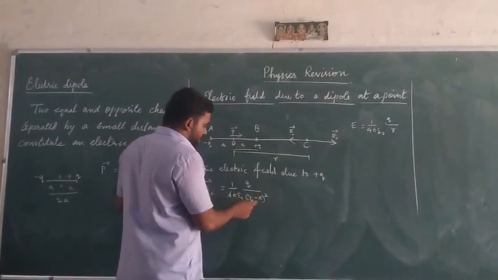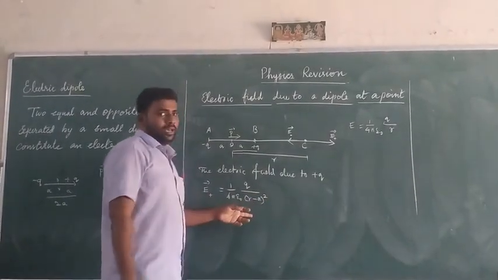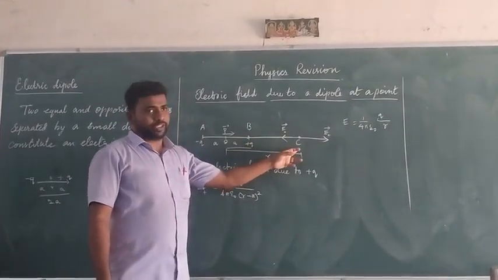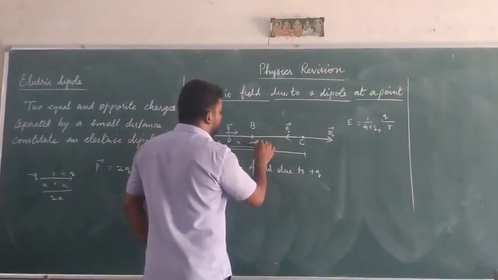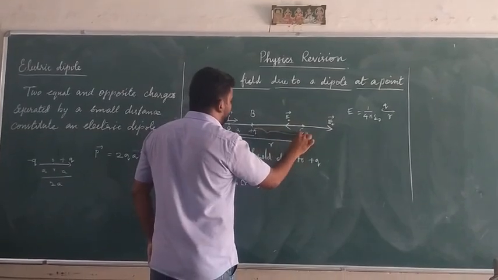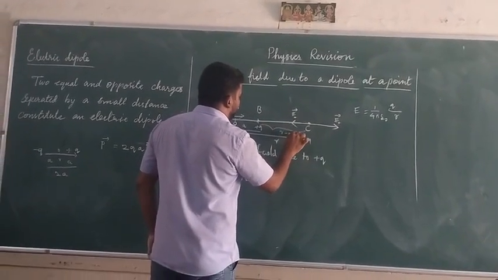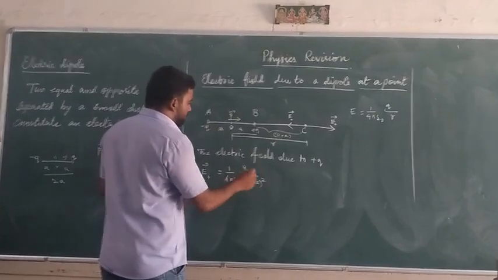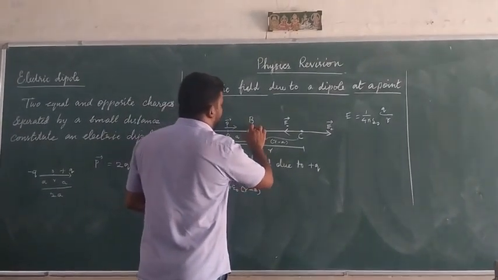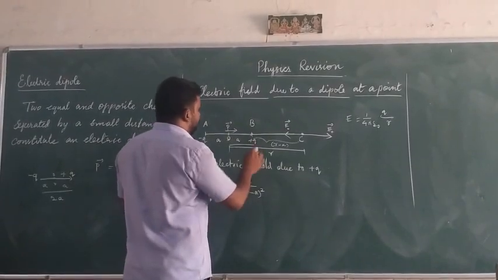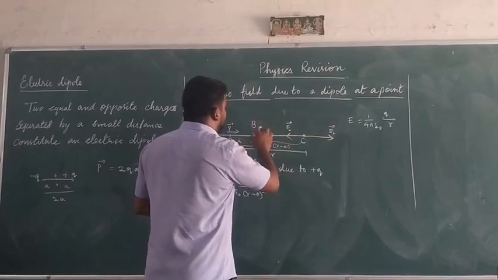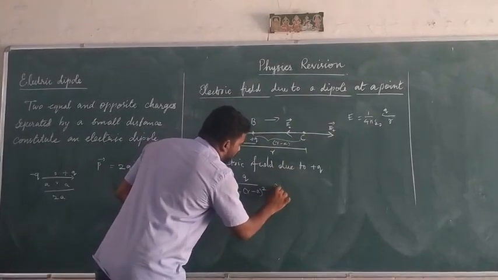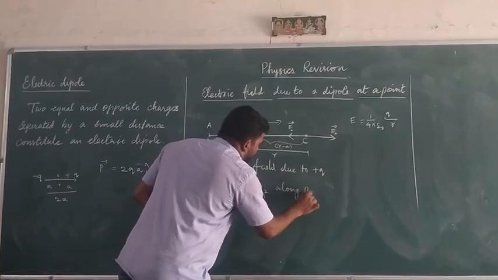So we write r minus a as the distance between the positive charge and the point C. Understand? So this is the electric field. This is actually along the charge line, and the field direction is along BC in this direction. That is why we write along BC.